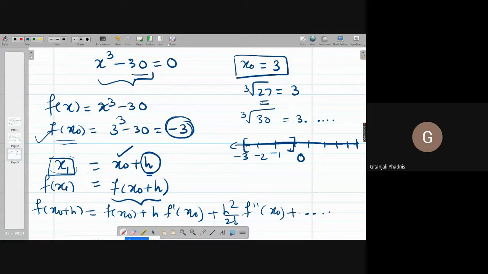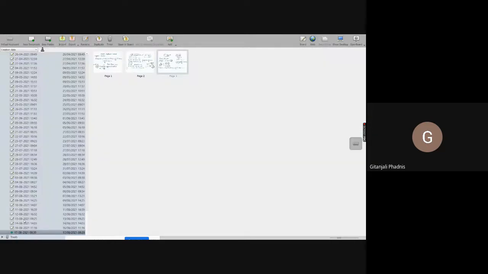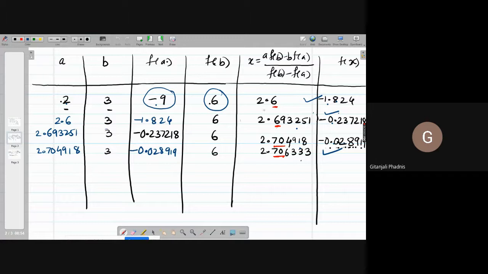Now tell me, what can you say about h? Let me go back to the Regula-Falsi method. Now tell me, these are your answers. If your x naught is 2.6, your x1 is 2.693251. So how will you write x1?